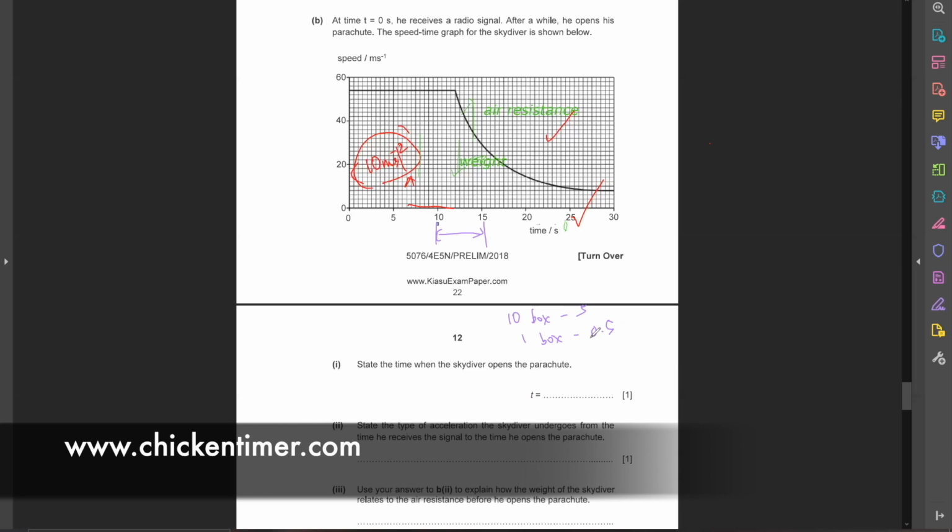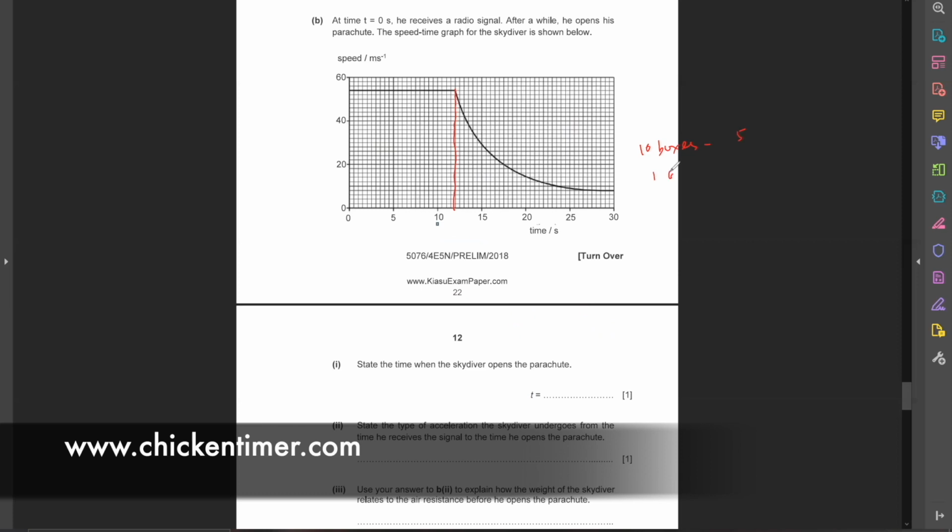Which point do you want? At the point just before it goes down. This point? Yeah. So you know 10 boxes is 5.